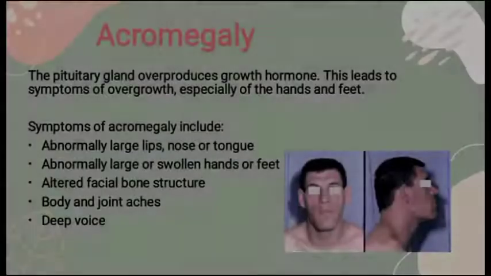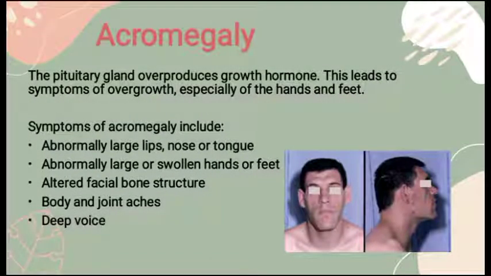The next disorder is acromegaly. It is a disorder in which the pituitary gland overproduces growth hormones, and this leads to symptoms of overgrowth, especially of the hands and feet.